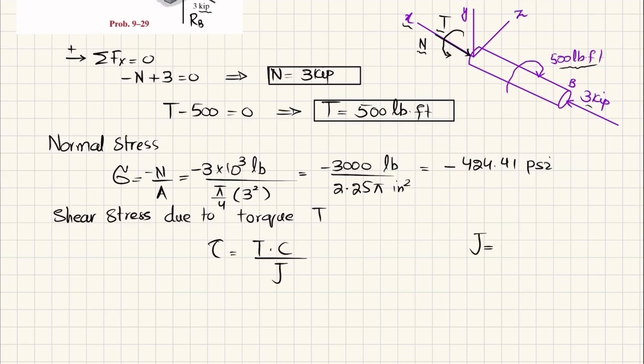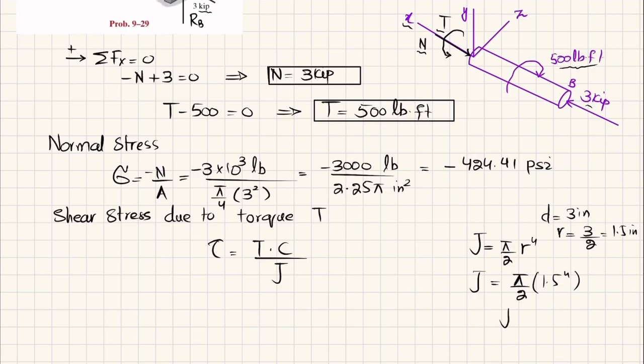So J for a circular rod having D equal to 3 inch, so radius will be equal to 3 divided by 2, which is 1.5 inch. So J for a rod having radius R is given as pi by 2 r power 4.